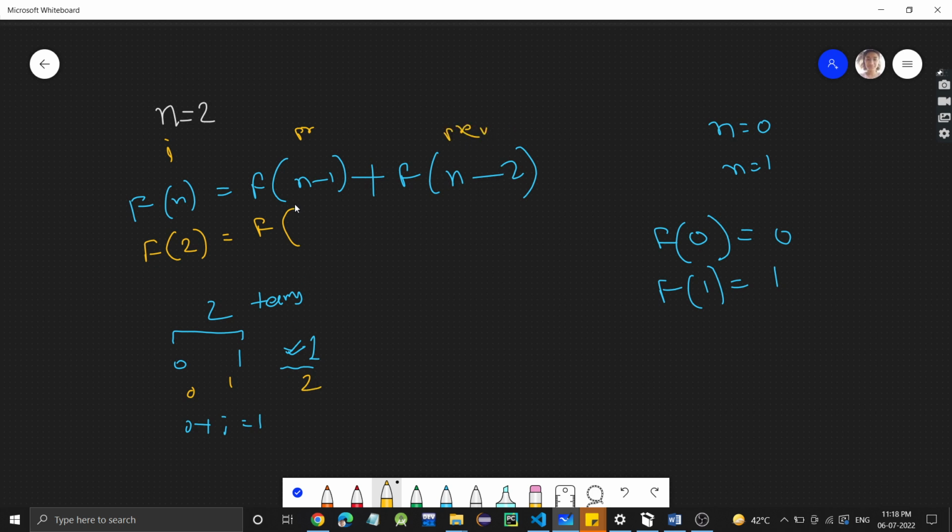So f of n minus 1, n is what? 2, 2 minus 1, 1 plus f of n minus 2, n is what? 2, 2 minus 2, 0. So see, f of 2 is f of 1 and f of 0, the previous two, right? Okay, so in this way we can find the entire Fibonacci sequence.